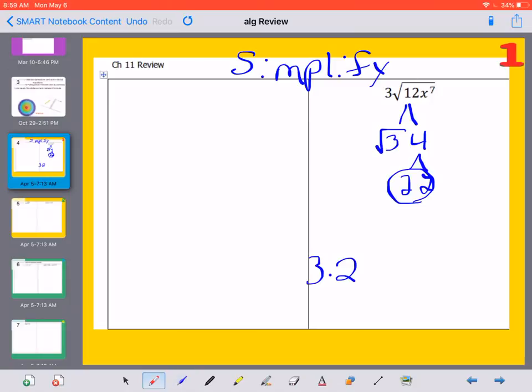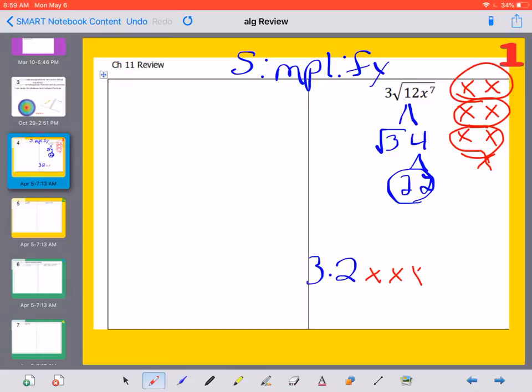Then x to the 7th, I have 1, 2, 3, 4, 5, 6, 7 x's. So how many x's do I have? Well, I have 1, 2, 3 pairs, so I have x, x, and x here. I just have one single x that I can't do anything with, so that's the square root of x.